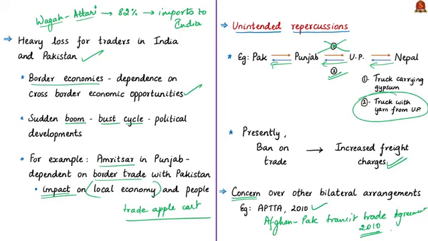But this agreement did not permit Indian goods to be exported to Afghanistan across Pakistan territory. So, because of the trade ban, the author is worried that such kinds of bilateral agreements will also be affected. Now, these are the examples given by the author on how trade is affected on the Indian side.